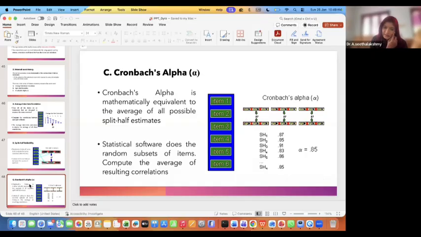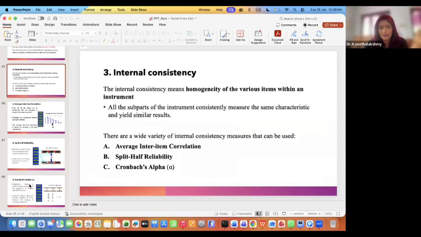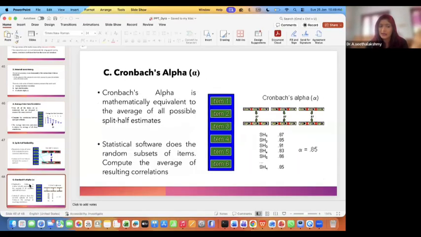So you can use any method for internal consistency: average inter-item correlation, split-half, or Cronbach's alpha value, which is a correlation coefficient.